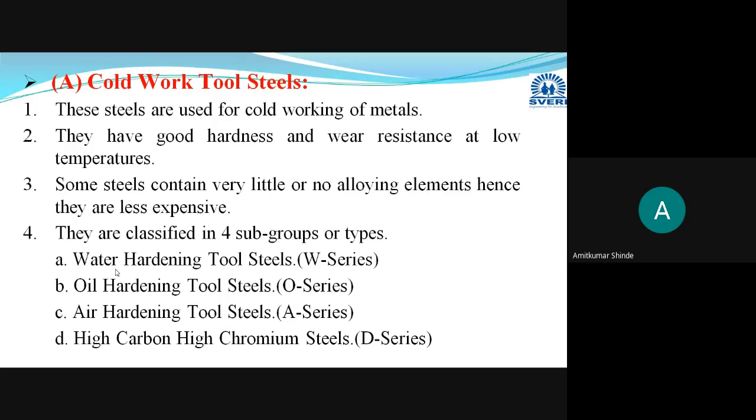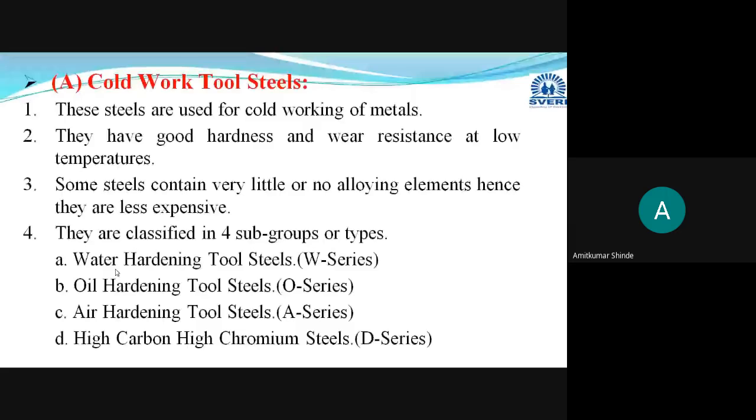These are the properties. Then these cold work tool steels, as you can see clearly in this slide, are classified into four different types. This classification is done on the basis of their hardening characteristics. They are classified into water hardening tool steels, oil hardening tool steels, air hardening tool steels, and high carbon, high chromium steels.